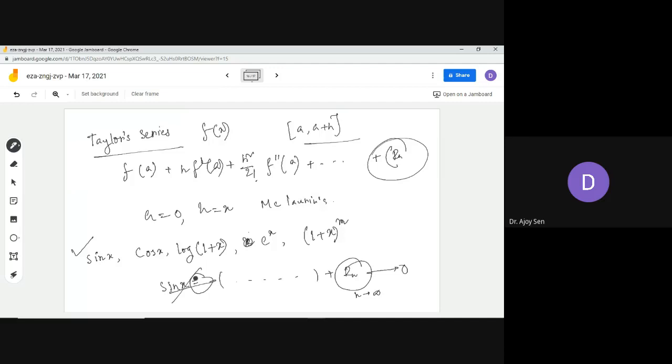But these things are not that simple, because for that you have to prove that the remainder term goes to 0. But showing this remainder term is going towards 0 needs the idea from sequence and series. So it might be done, you can check that D'Alembert's ratio test, or those things are used for this kind of proof.